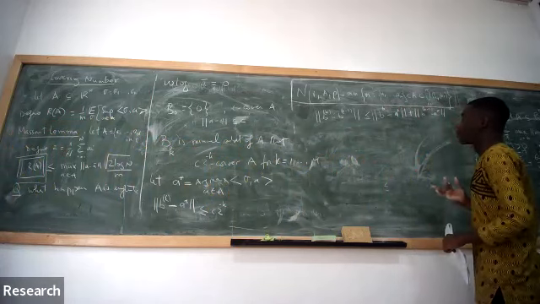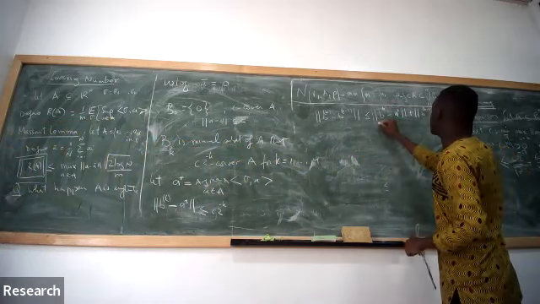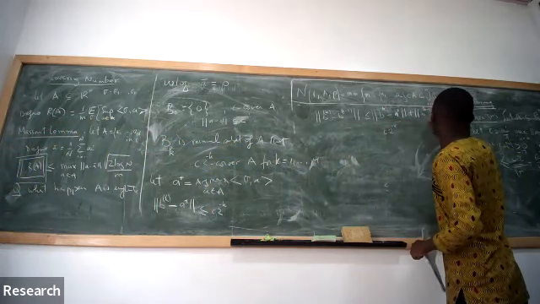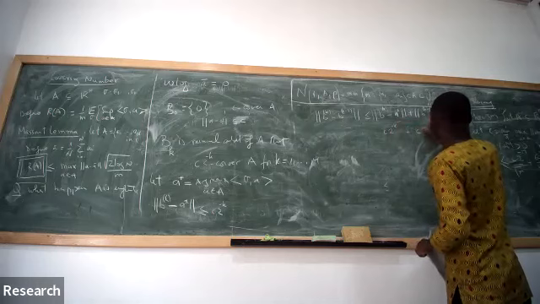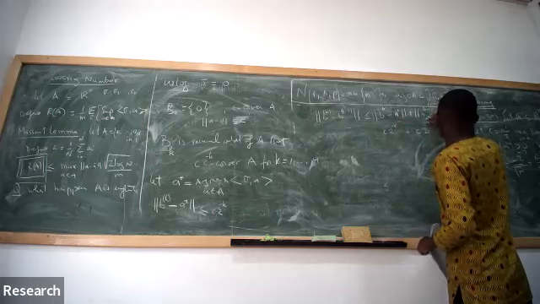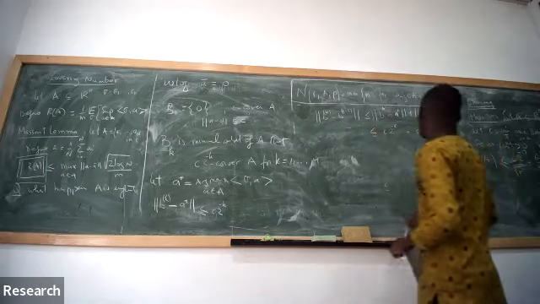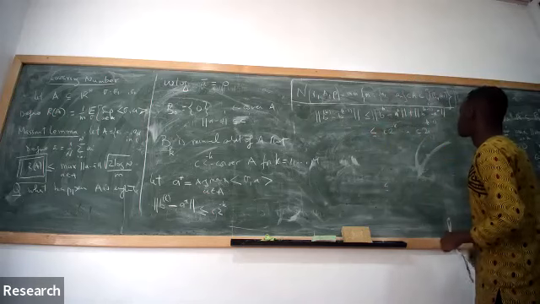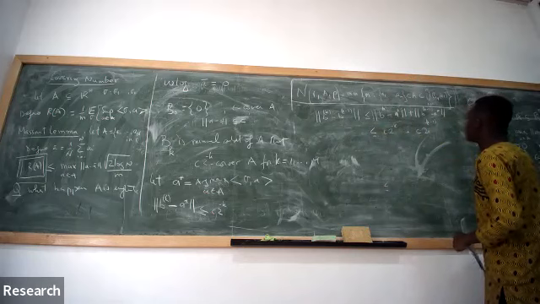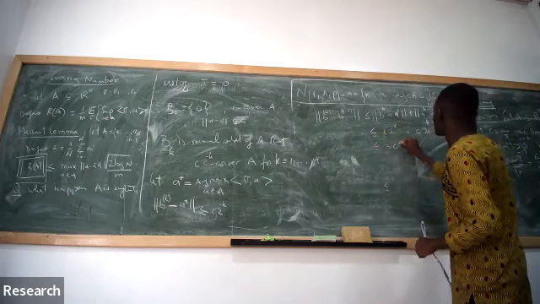And by the property of the nearest closeness, this actually is less than or equal to C2 minus K, and here is C2 minus K minus 1. Something like that. So we can factorize by C2 minus K, and then we add them and we get less than or equal to 3C2 minus K.